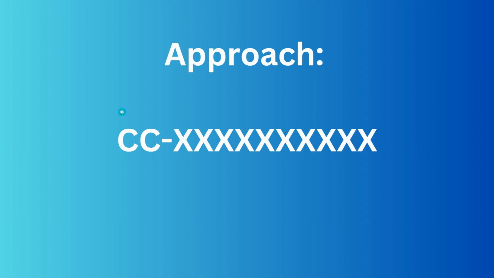Now we know that for a country code to be valid, it must be 2 digits. We also want to make sure that the rest of the mobile number must be of 10 digits.